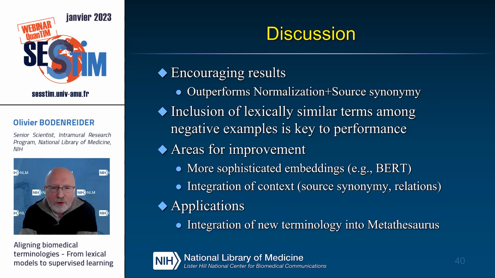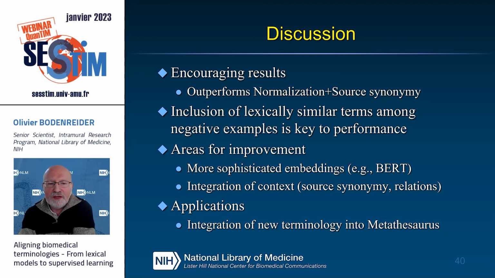We also want to use different types of embeddings, and in particular, transformer architectures seem interesting, and we've started exploring there. At the end of the day, we need to go beyond an academic exercise because what we would like to do is facilitate the work of the curators who put together the UMLS Metathesaurus.